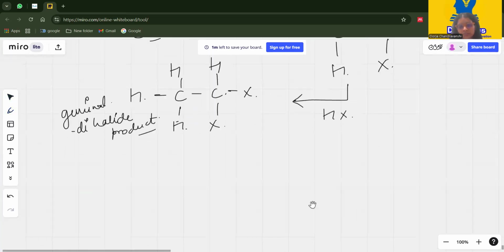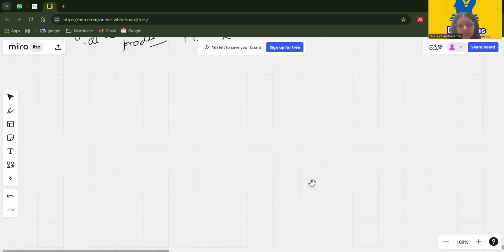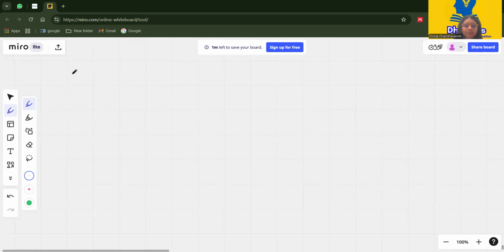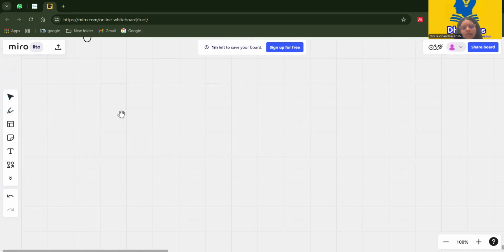Now next, I want you to try the example of it. Just in place of X, you can take either chlorine or bromine. I would recommend you not take iodine or fluorine because fluorines are not reactive in such cases and iodines are reversible. So you will be trying an example for all of these.